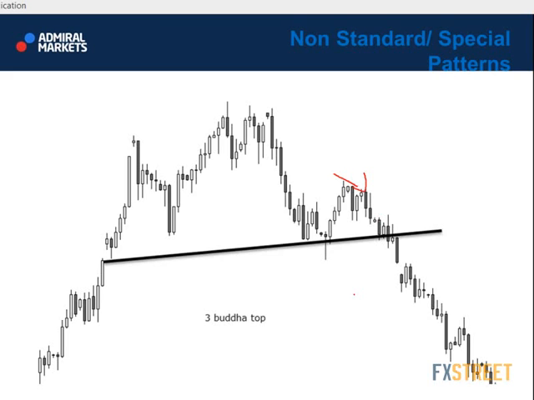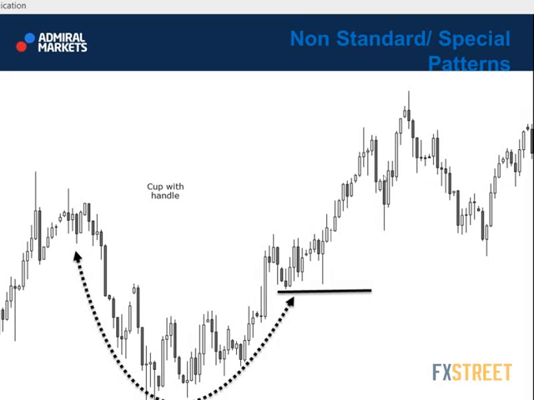The same breakout, pullback, continuation trade, guys. You remember that one. You traded the same way as you traded head and shoulders, okay? But the difference is the consolidation, and that the right shoulder is leaned a little bit. It's lower than the head.